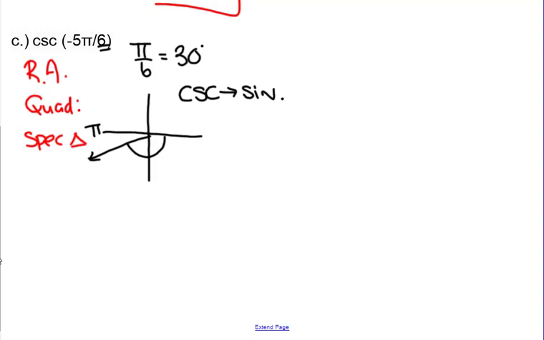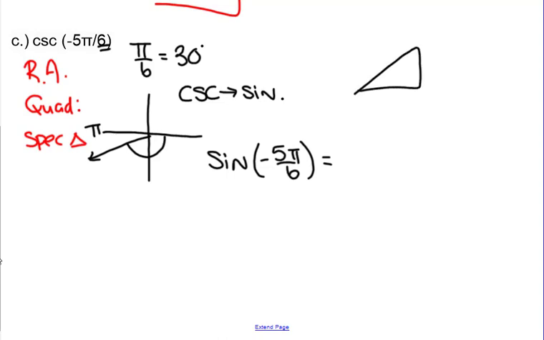So if we want to think, well, sine of negative 5 pi over 6, our special triangle is 1, 2, root of 3, 30 degrees is there. Our sine is going to be 1/2. We're in quadrant 3, so sine will be negative. And so our cosecant is the reciprocal of that.